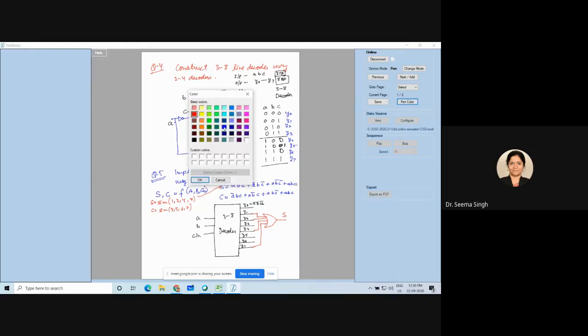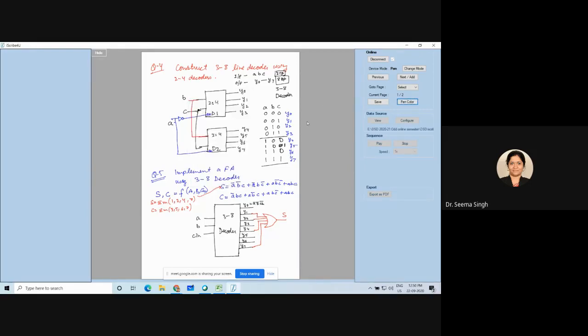Next, for the carry, you need 3, 5, 6, 7. So bring 3, 5, 6 and 7, put them in another OR gate, and that becomes your carry. So this is how you implement a full adder using a decoder. This is your question number 5.